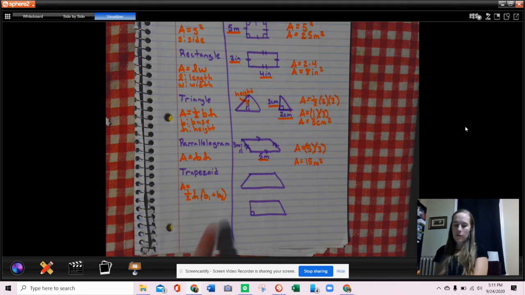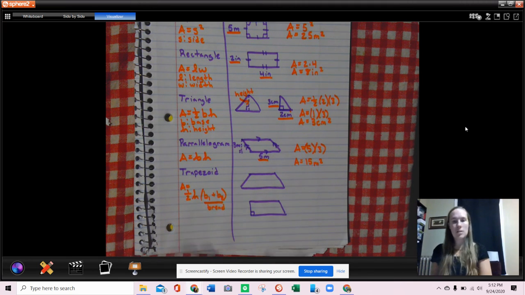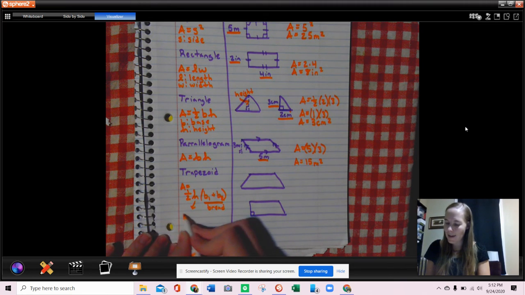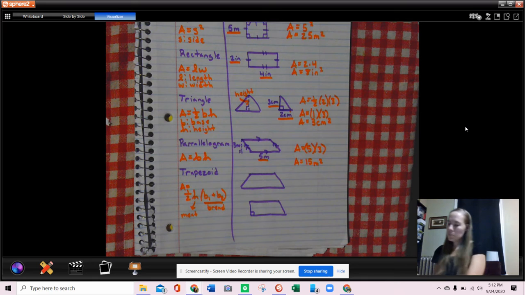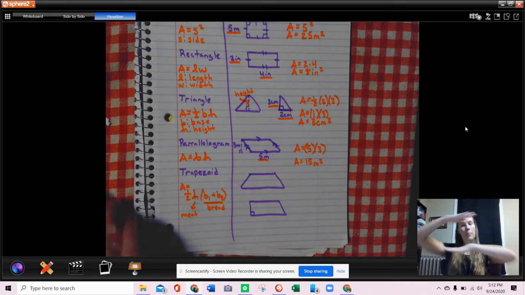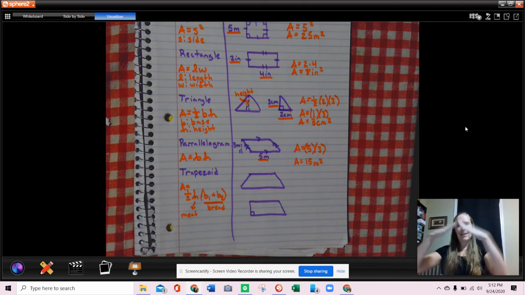And the way you find these bases, I like to think of these bases like the bread of a sandwich, and I like to think of the height as the meat. And what I mean by that is looking at this trapezoid, the bread, if I was to make a sandwich, I can't make a sandwich with it going like this.